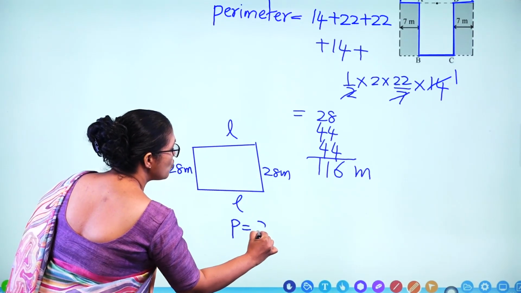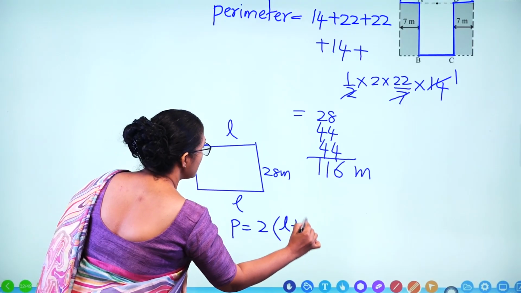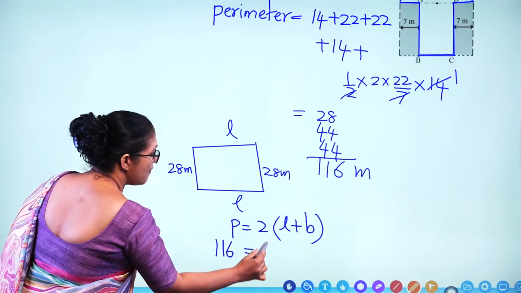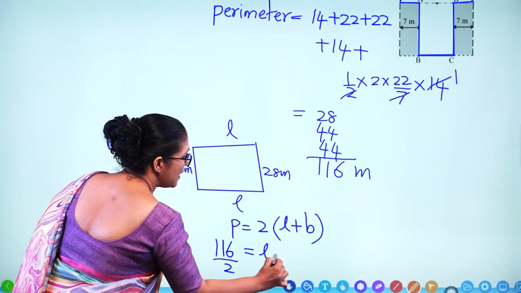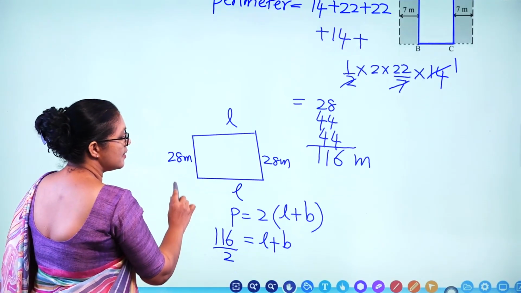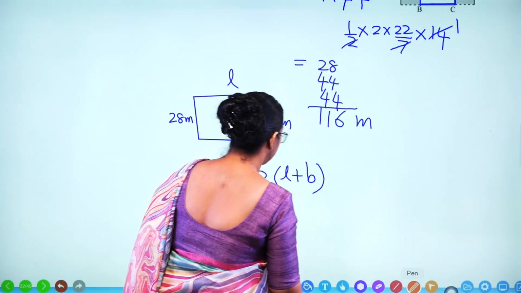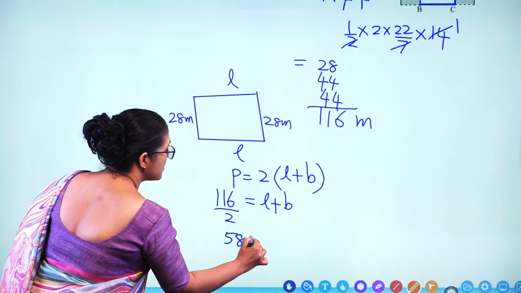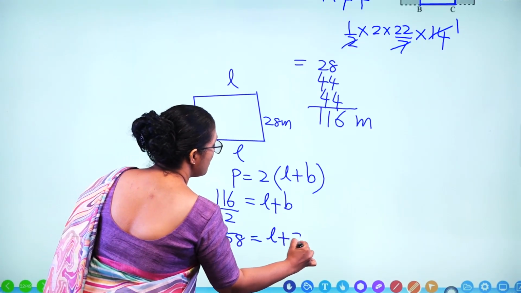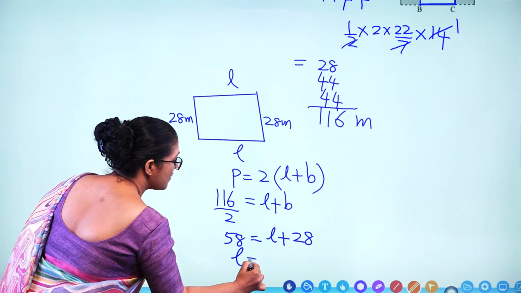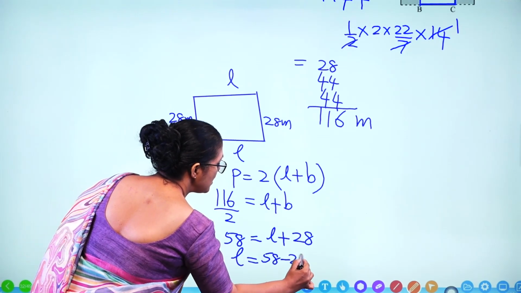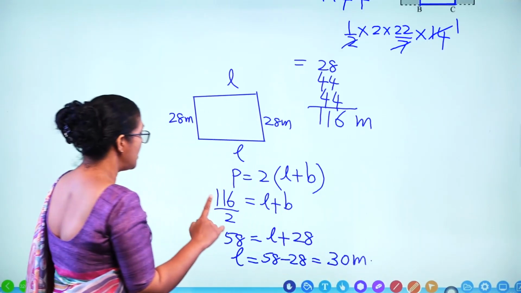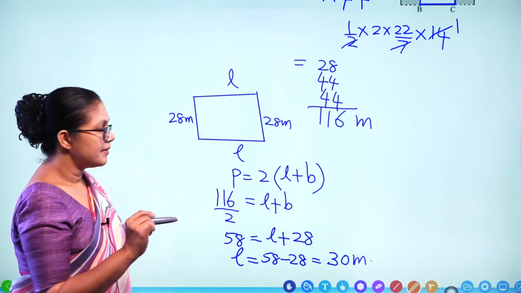P equals 2 times L plus B. Now perimeter is 116. When you divide by 2, you get the sum of the length and the breadth. You get 2 times 58, so length plus breadth is 58. So what is the length? 58 minus 28. 30 meters is the length of that rectangle.